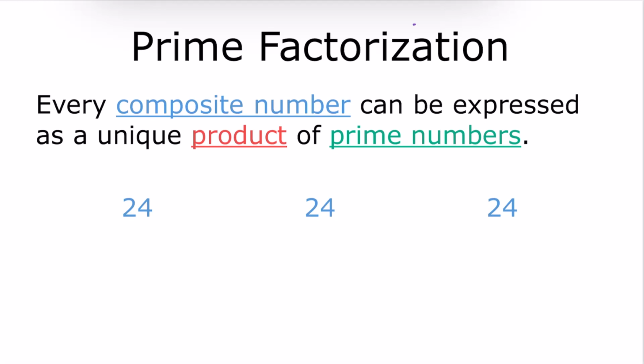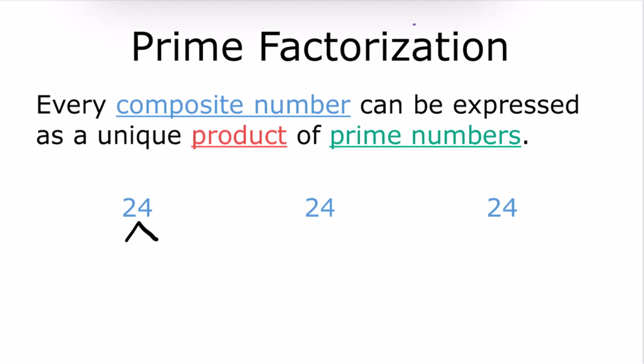And the way that we figure out what those prime numbers are is through a process called prime factorization. The way that prime factorization works is you take your composite number and you break it up into 2 factors. And it doesn't matter which 2 factors you choose as long as they multiply together to 24.